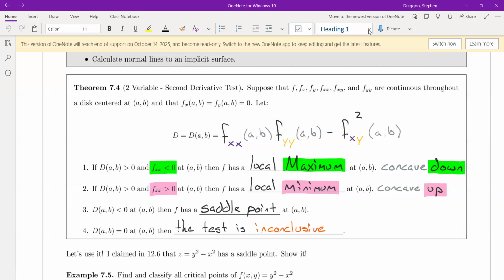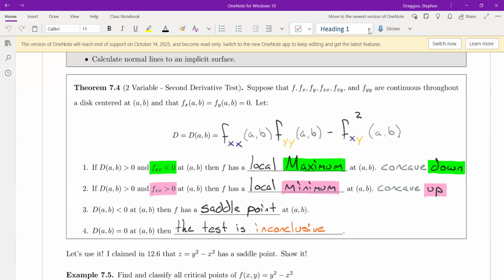It's going to be concave down looking from both directions, which really means I need both my second order x partial and my second order y partial to be negative. But I'm going to argue we only need to check one of them. More on that in a second.